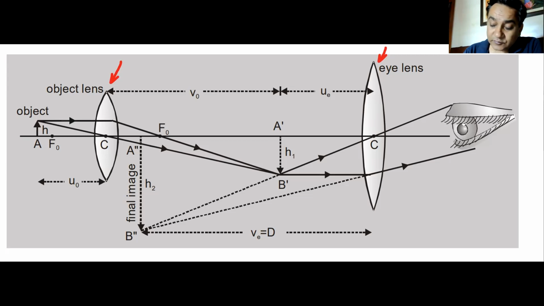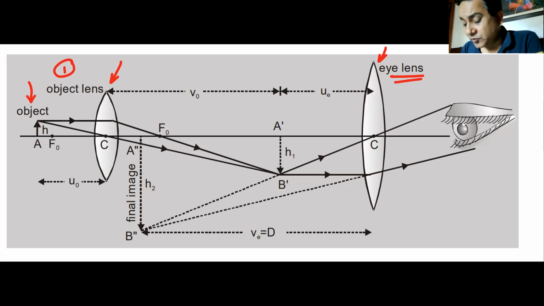This first lens is known as the objective or the object lens. Why? Because it is nearer to the object. I hope you know this terminology. The second lens, which is closer to your eye, is known as the eye lens. I hope you know this. Yes or no?